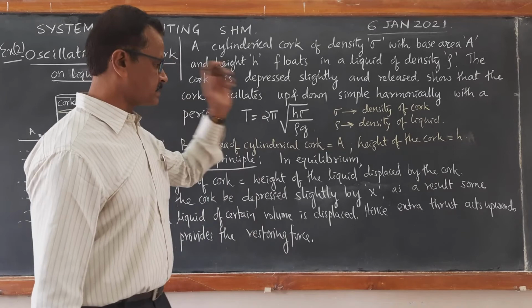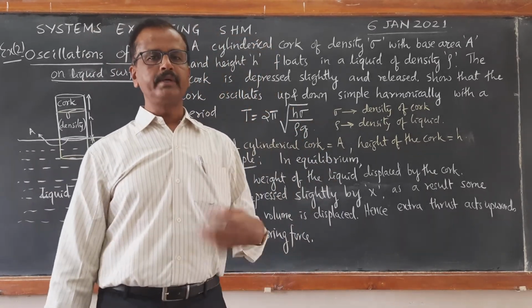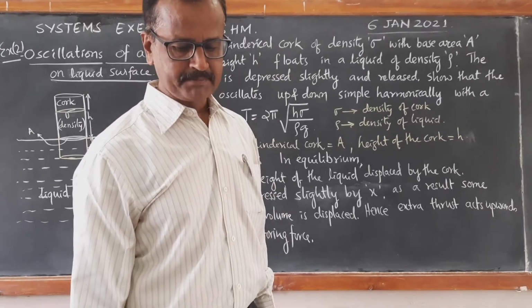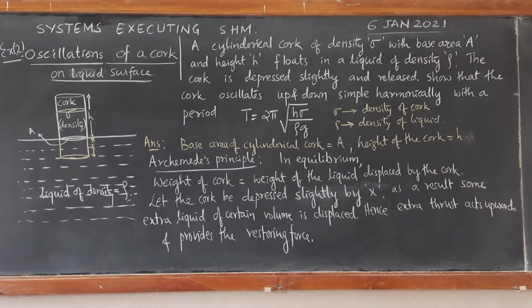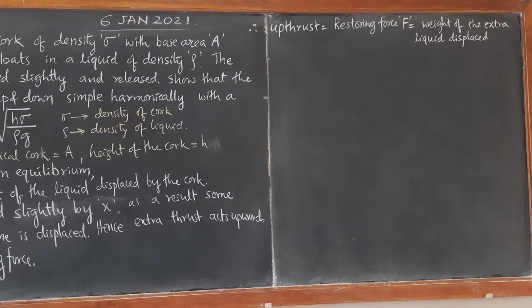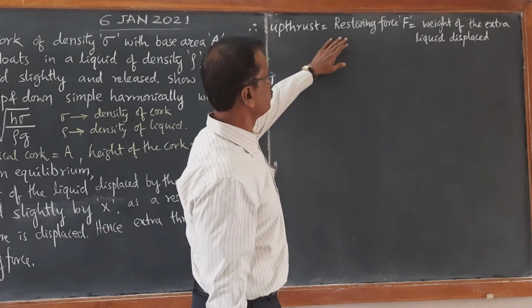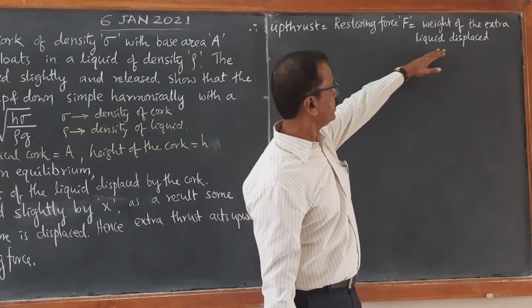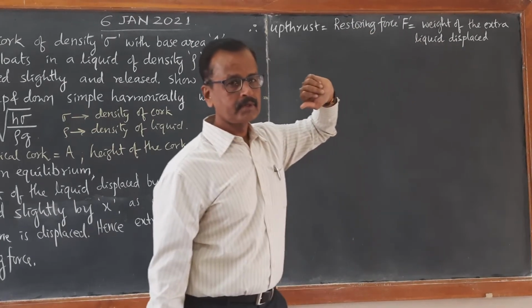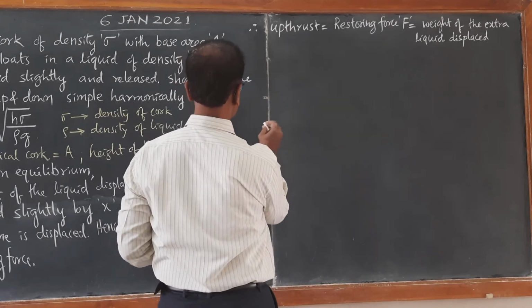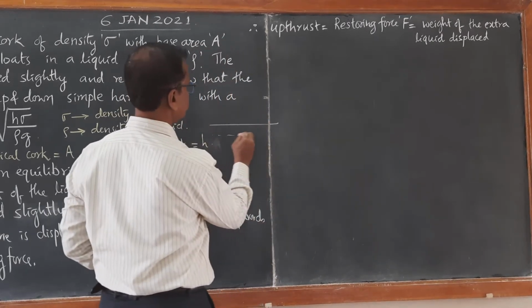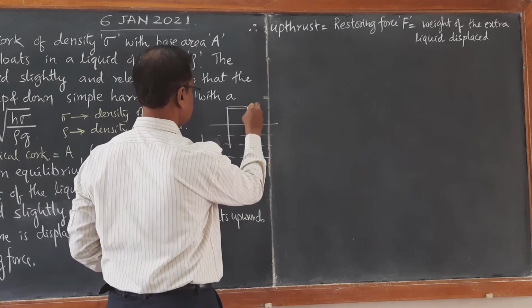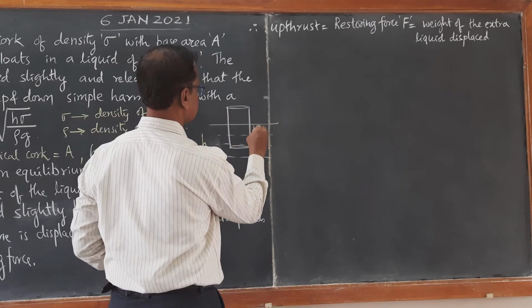Now we will calculate that extra thrust, which is equal to the weight of the volume of the liquid displaced. That becomes the upthrust. So upthrust is calculated as restoring force F. According to Archimedes principle, upthrust, the restoring force F, is equal to the weight of the extra liquid displaced. If you recall the diagram, suppose this is the liquid, and the cylinder of surface area A is pushed inwards through a small displacement x.